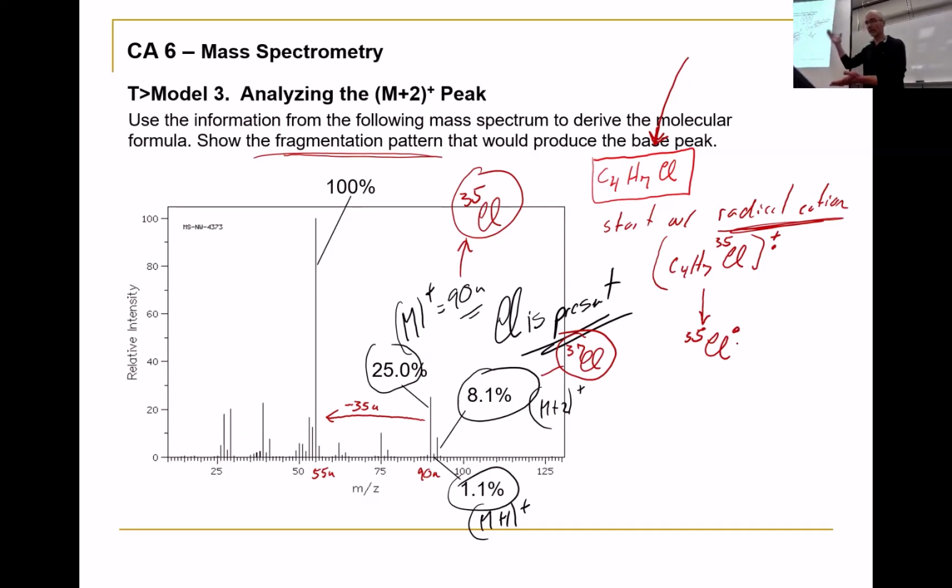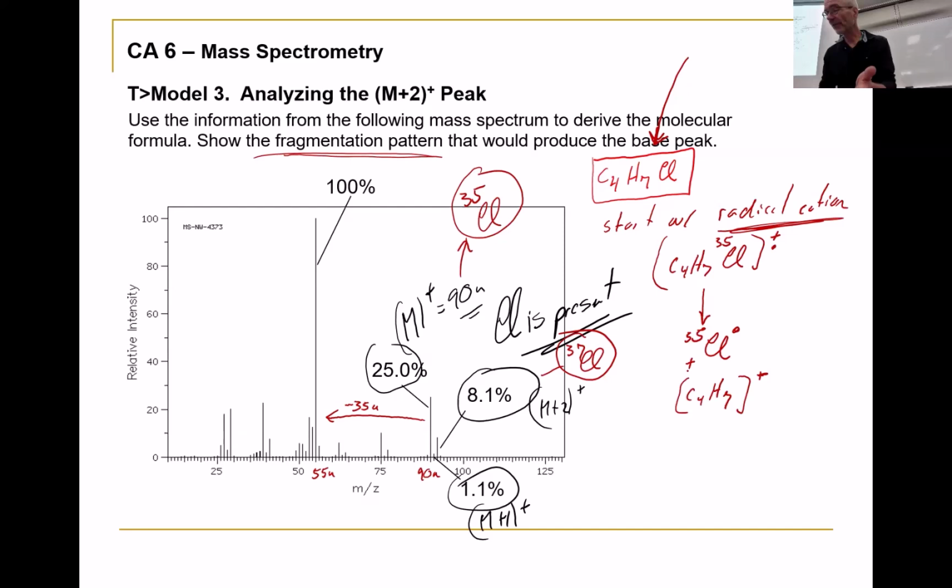Of course, there are other pairs of electrons in there, but there is a single electron. And that's what we mean by the radical. And what we're actually detecting is this C4H7, which we can put brackets around and a plus like that. And so those two things is what results due to the fragmentation.